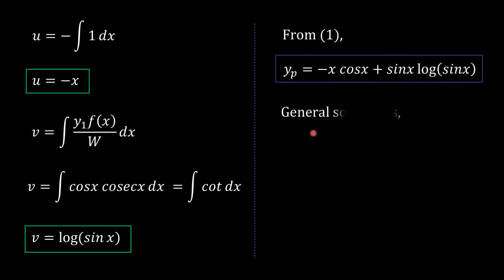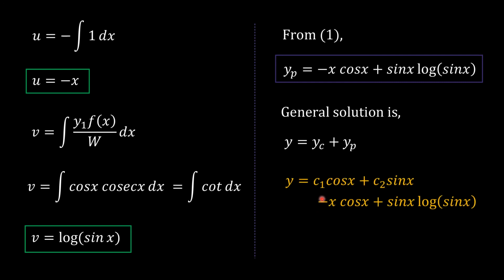Therefore the general solution is y is equal to yc plus yp, which is y equal to c1 cos x plus c2 sin x minus x cos x plus sin x log of sin x, which is the required general solution.